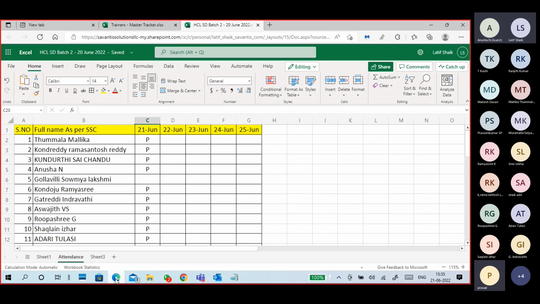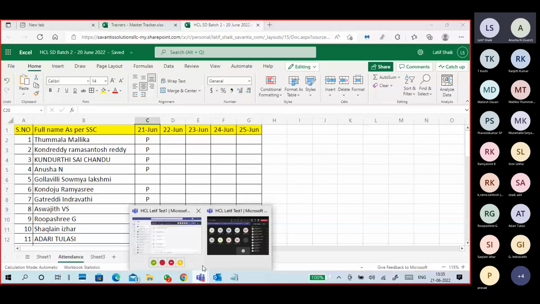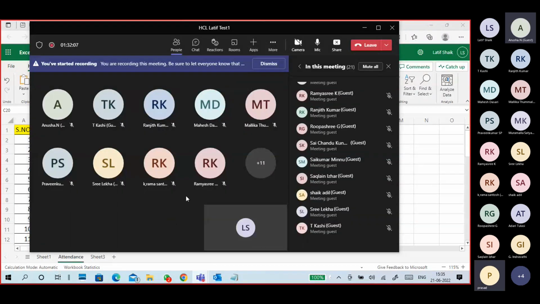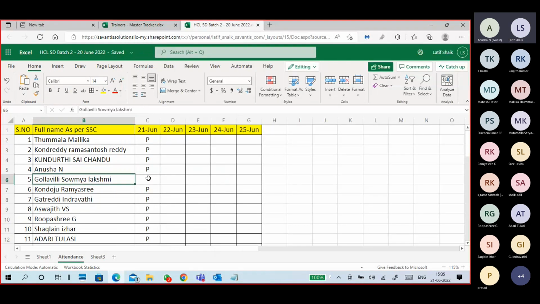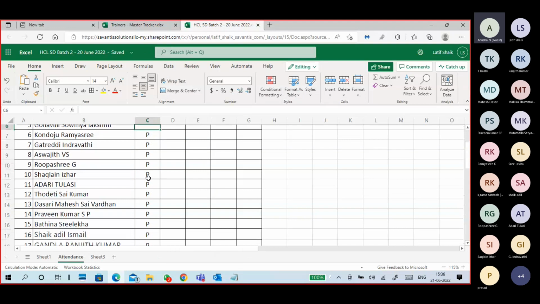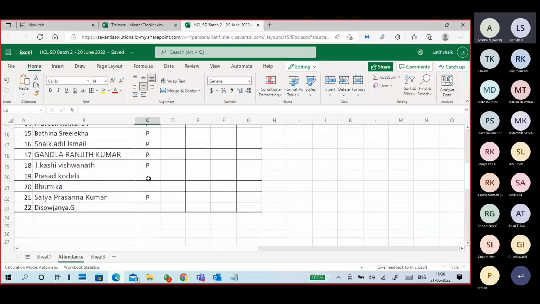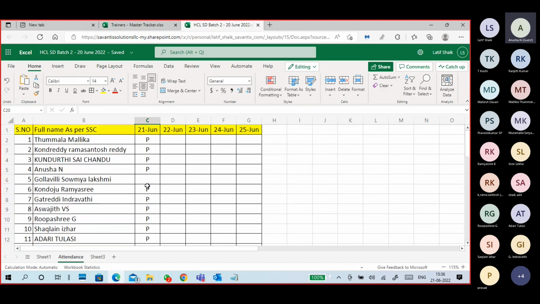Is anybody joined? Yeah, tell me. Soumya Lakshmi, Prasad has joined. Any Prasad?